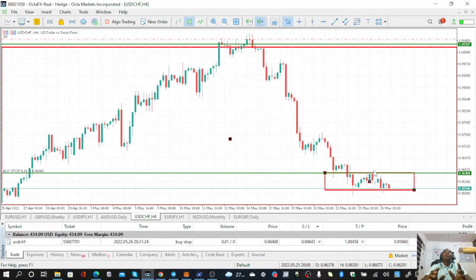So the best time to trade: there is no absolute best time to trade. However, there are times that are suitable to trade because there is more liquidity in the market, when you are trading in the London time and also in the US time. So for folks in Nigeria, the London time might be 9 a.m. and the US time opens by 3 p.m. in the afternoon.